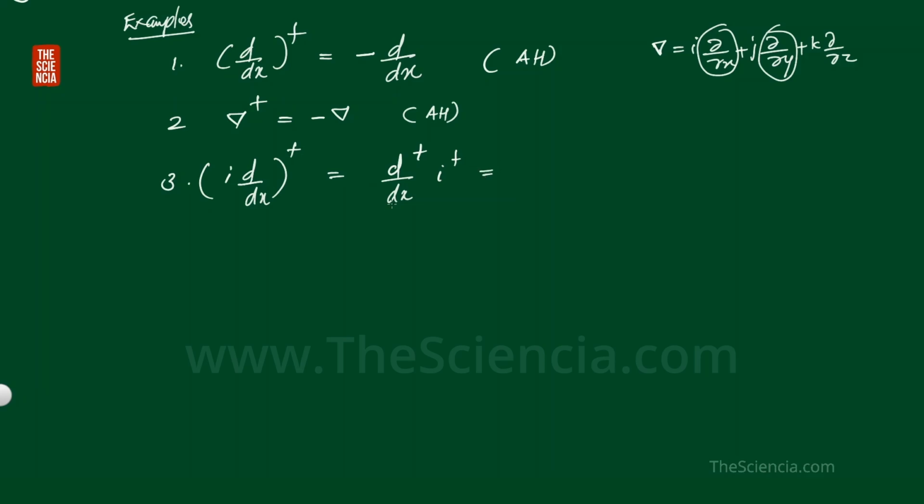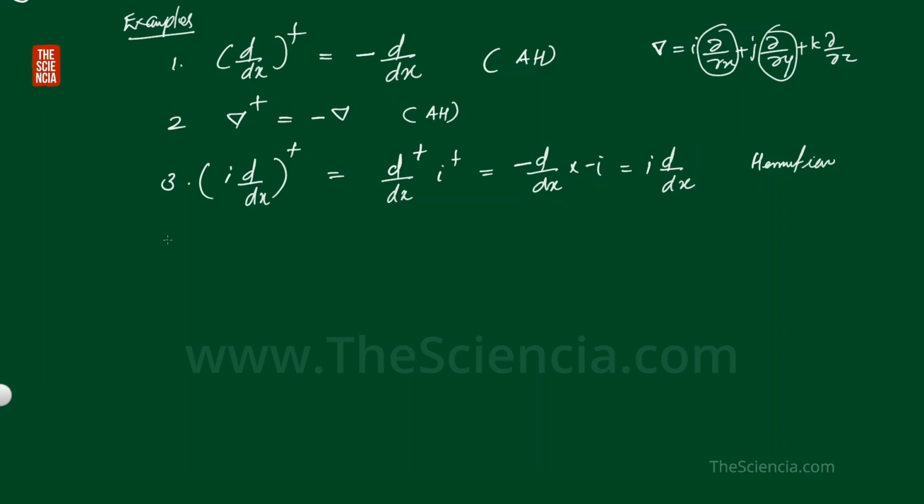We know d by dx dagger is minus d by dx, and the conjugate transpose of i is minus i, that is into minus i. So we get i d by dx. See, we got the same value, so this is a Hermitian operator.